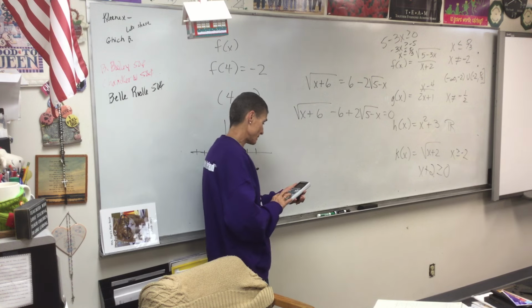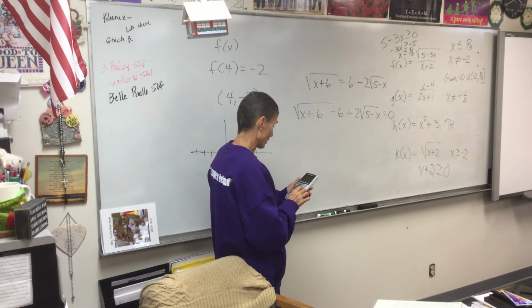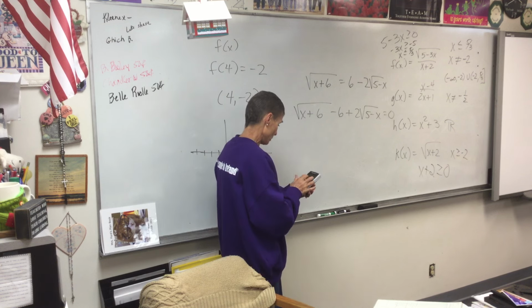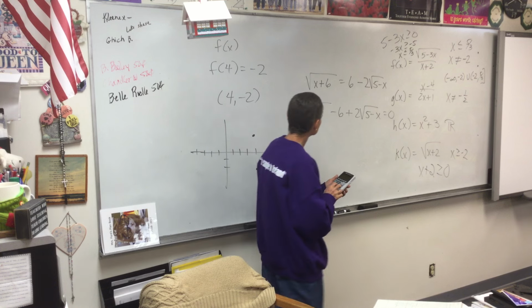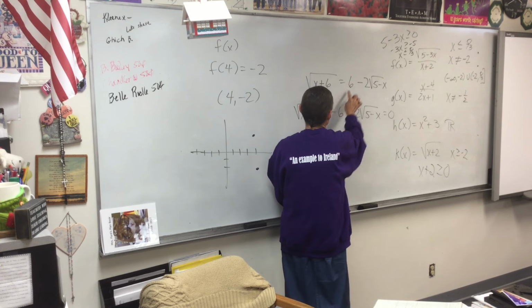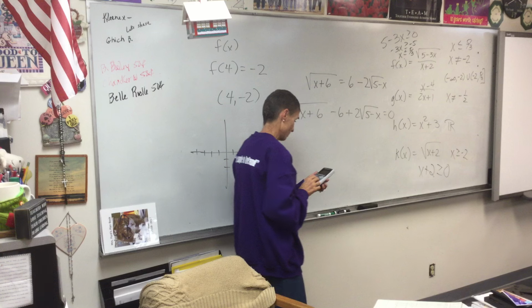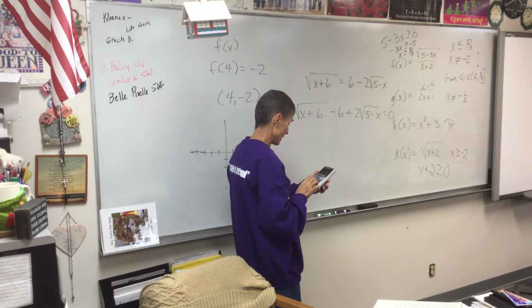Now, I have no idea how my window is set. I'm not going to worry about it right now. I'm going to put in this equation. It's this right here. I brought it over here. Okay, so I have 2 radical.